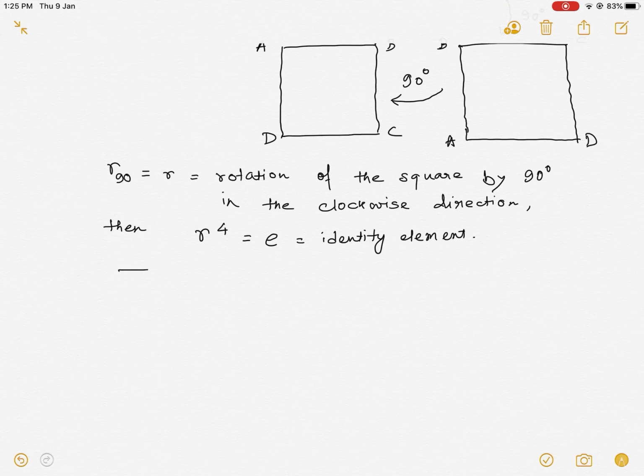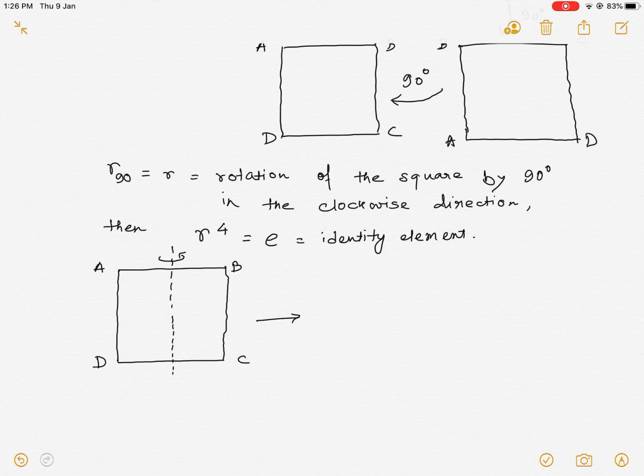Again, consider the square A, B, C, D. We apply the reflection with respect to this horizontal line that I have just drawn.